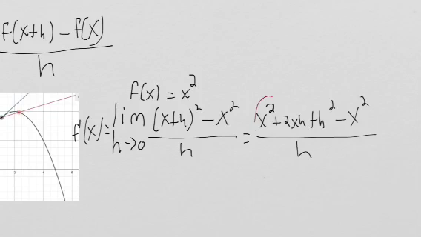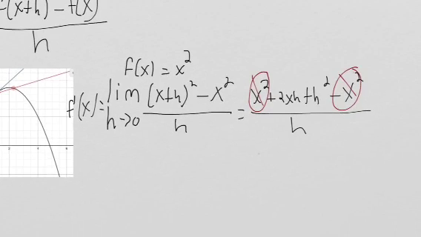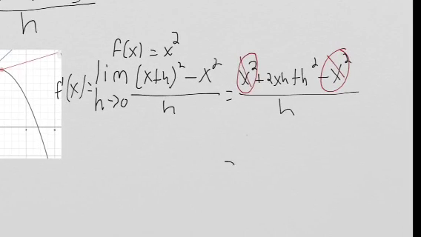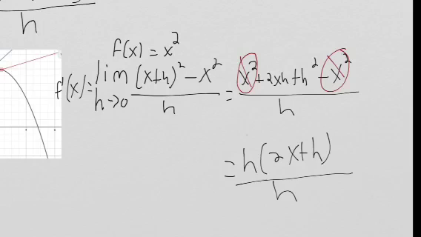And then we can combine like terms. We have an x squared, we have a negative x squared. And there's a couple different ways you can think about this. You can either just factor out an h and get 2x plus h on top, and then you have your h on bottom, and those will cancel.